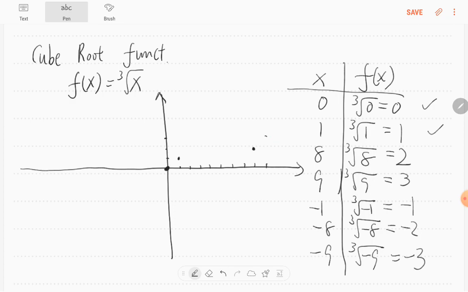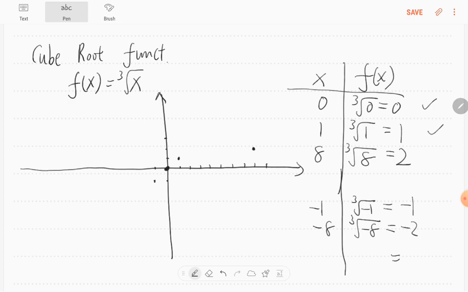Sorry, I made a mistake. It should not be 9. The cube root of 9 is not 3, so it's not convenient, so we eliminate it. So that's enough, okay? When x equals negative numbers, negative 1, the cube root of negative 1 equals negative 1.